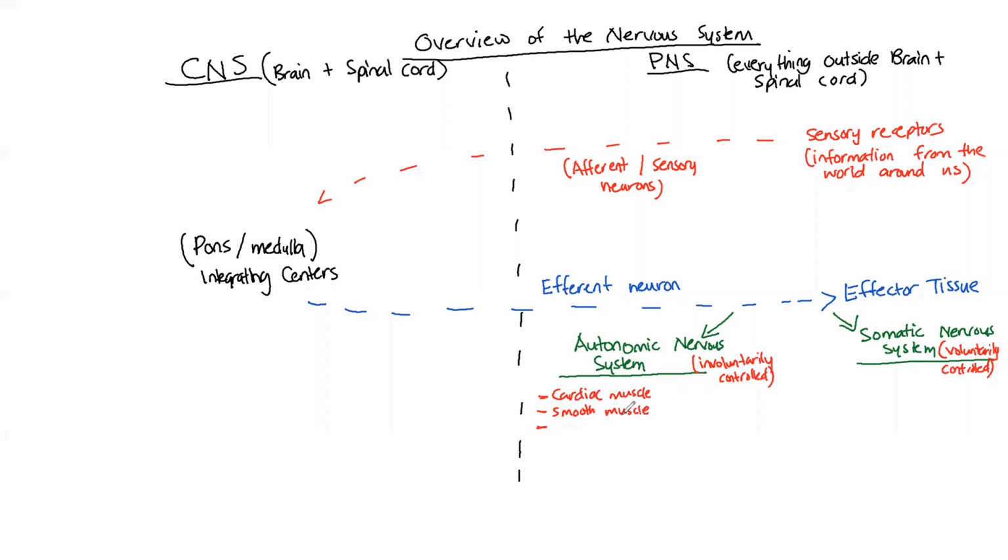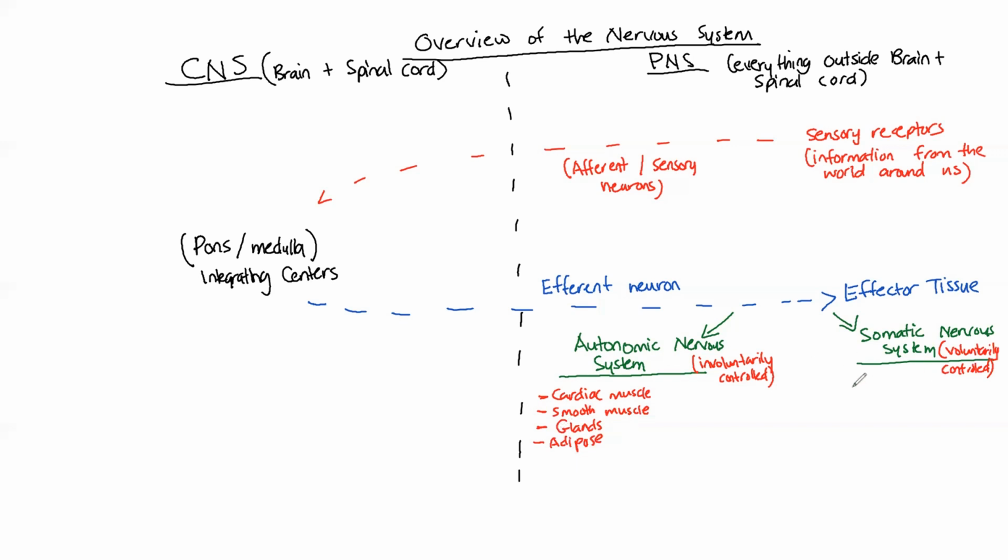All of that is smooth muscle, which is not under our voluntary control. We don't make decisions about smooth muscle or glandular secretion and so on. We also have glands here and adipose tissue.